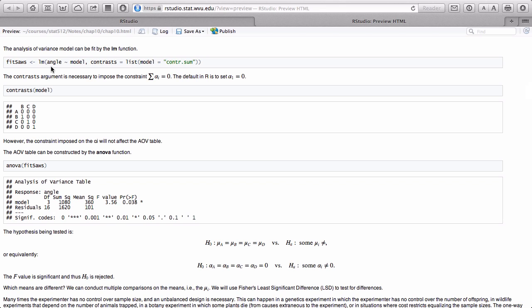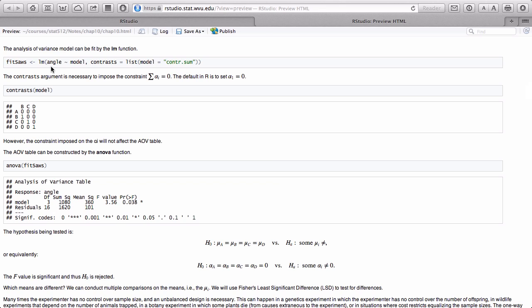In other words, you can see for A, the first column, it's set to all zeros, and then B has a 1, C has a 1 in the C position, and so forth. So that is the contrast matrix that's created. And then I do ANOVA of fit-sols, which is the LM object, and it gives me an AOV table.